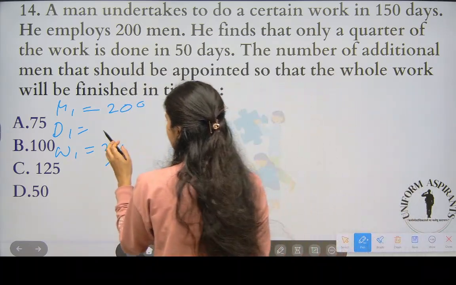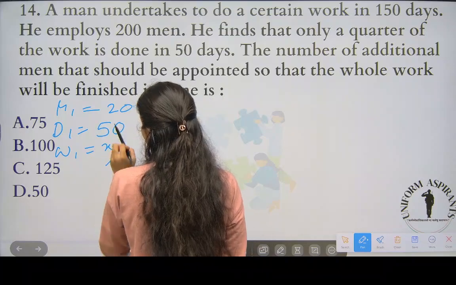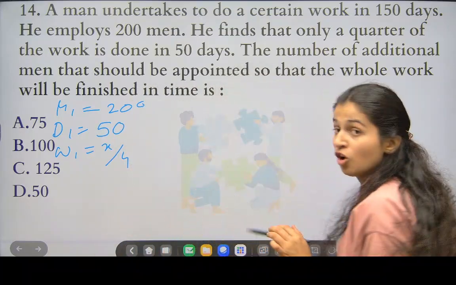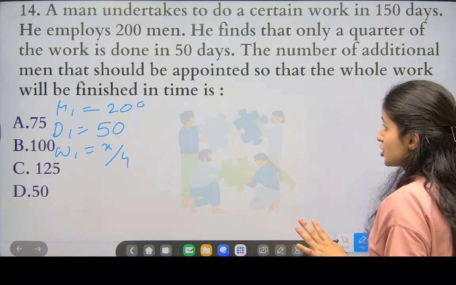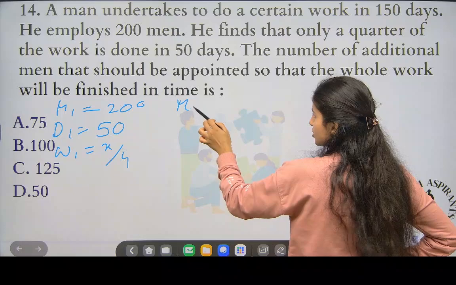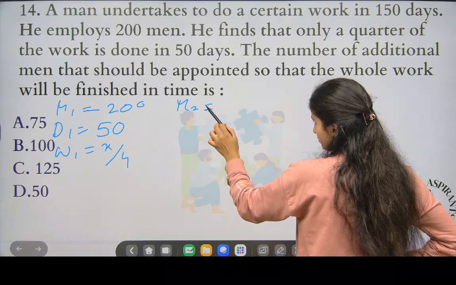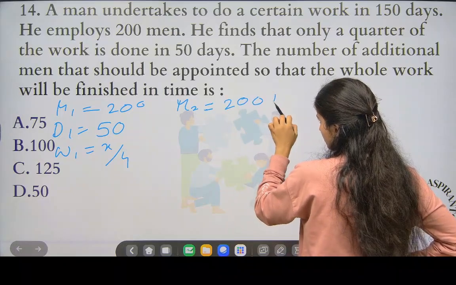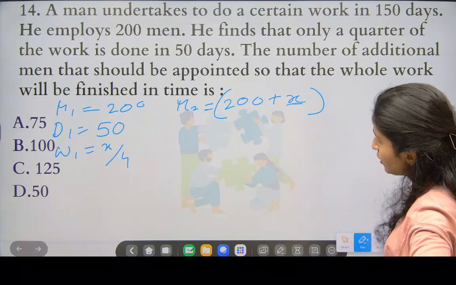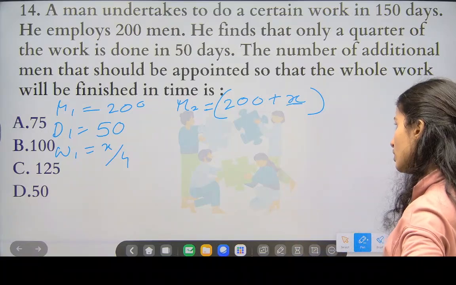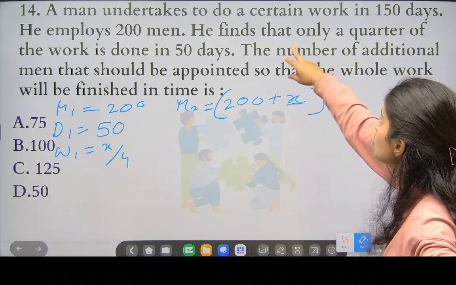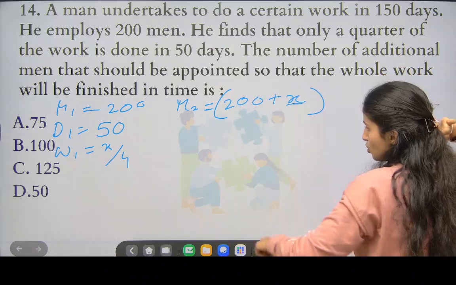How much work is done? Quarter, means X by 4. The number of additional men, means 200 plus X. This we have to find, that should be appointed so that the whole work will be finished in time. Whole work. But what is the time given? Undertakes to do a certain work in 150 days. So what is the time?